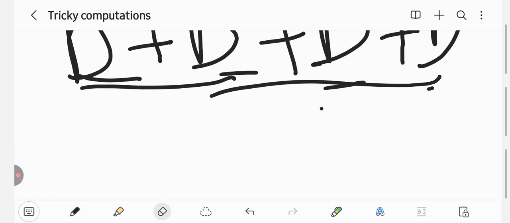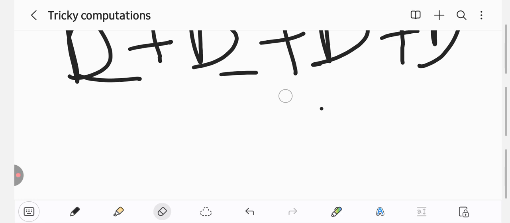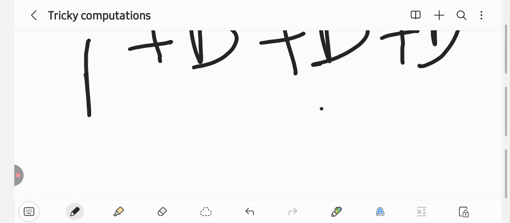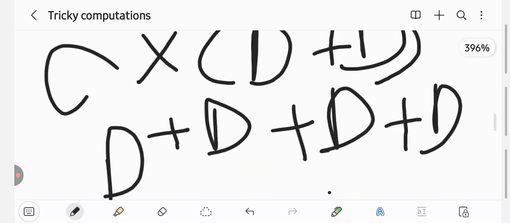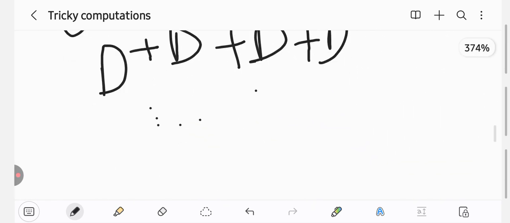Now what if it is c? Let's get back to c. So d plus d, dot dot dot, c times, as I wrote. The distributive property stays there.